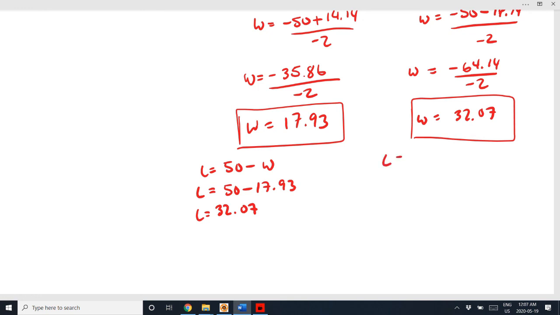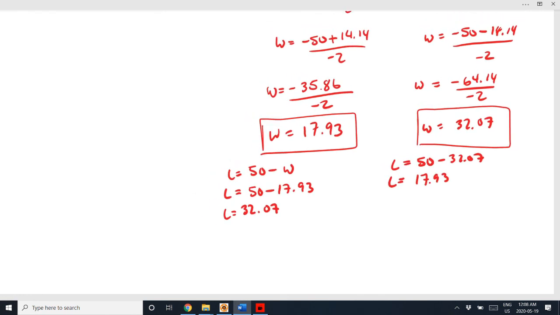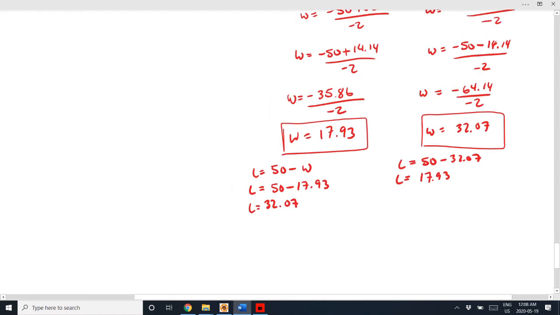If we have length is equal to 50 minus 32.07 here, we would get a length of 17.93. Okay, so we can see here we have two different possibilities for length and width, and we can see that they're just opposite each other.